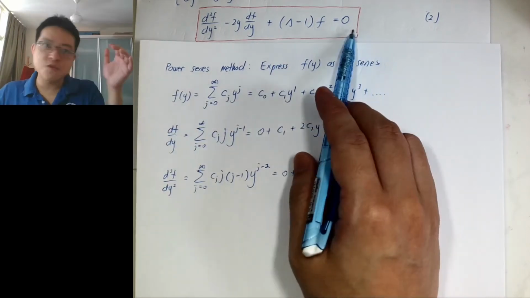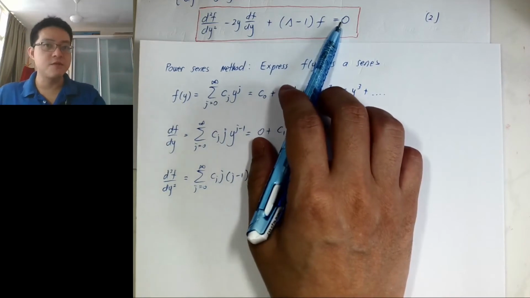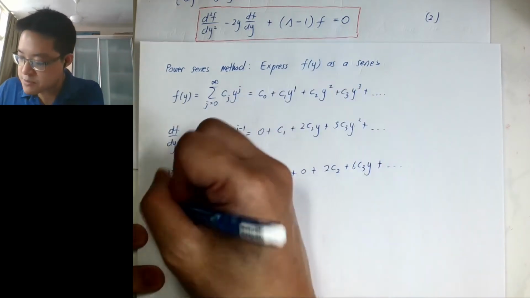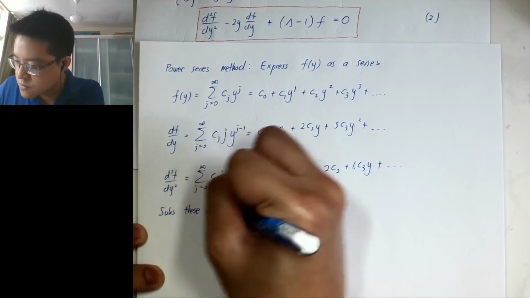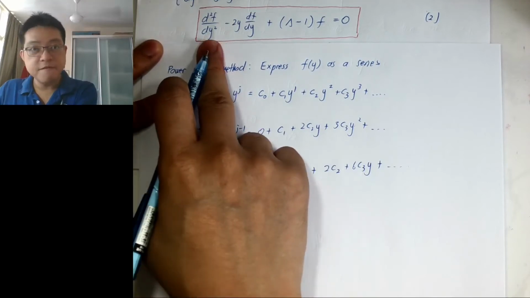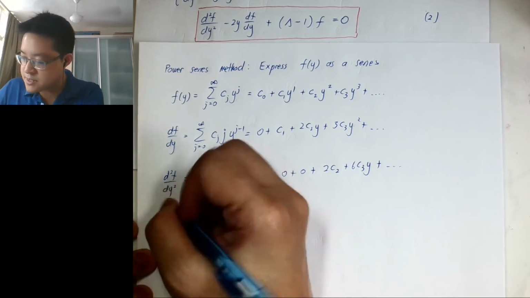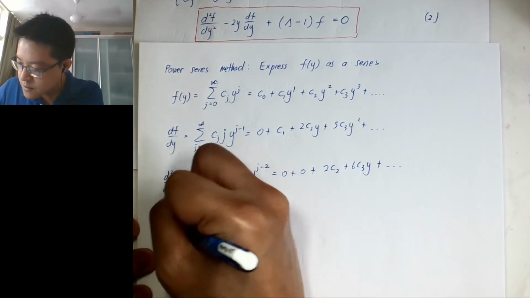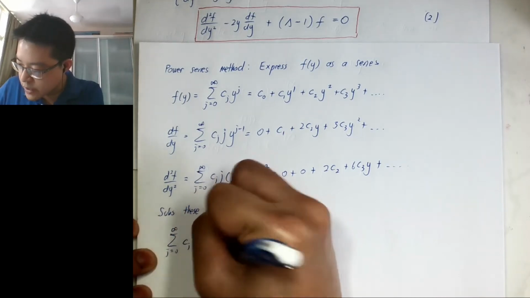Now, if we say this is a series, does this satisfy the equation or not? All we want is to make sure this whole bunch of stuff equals 0 on the right hand side. So we substitute this into equation 2. The first term is the second derivative: the sum to infinity of c_j j times j minus 1 times y to the power j minus 2.